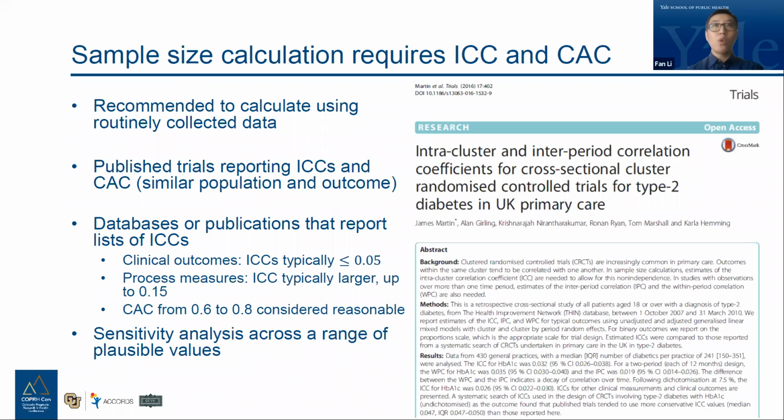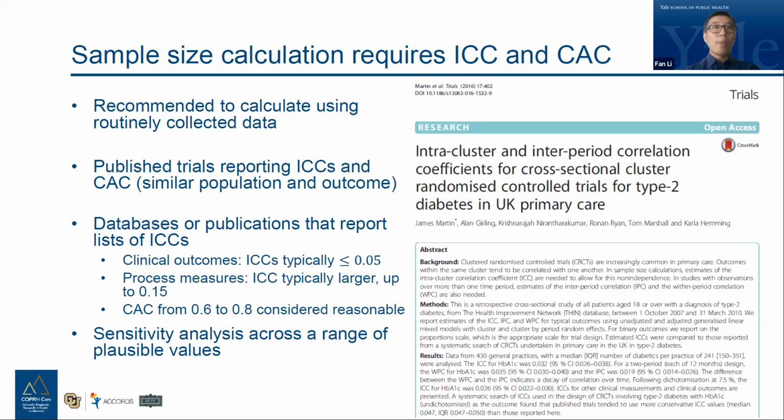The published trial reports, including ICC and CAC estimates for a similar population with a similar endpoint, can also be informative. For example, on the right-hand side, I'm showing an example where this is done for a particular study reporting various intra-class correlations as well as CACs specifically for an SW-CRT in this context.